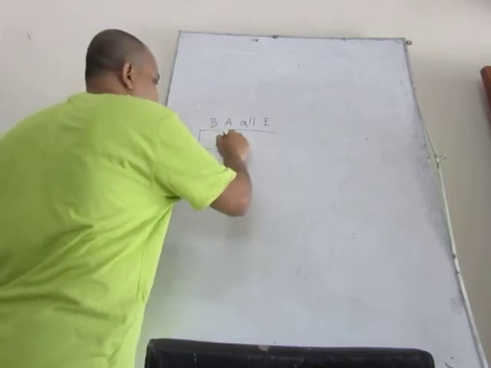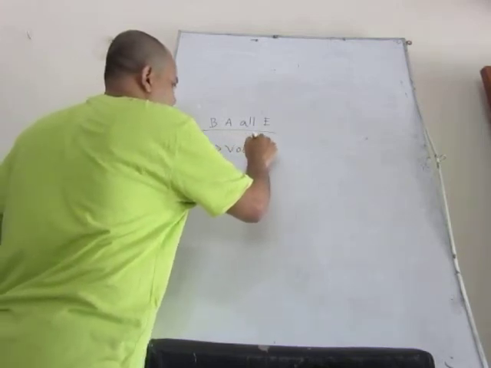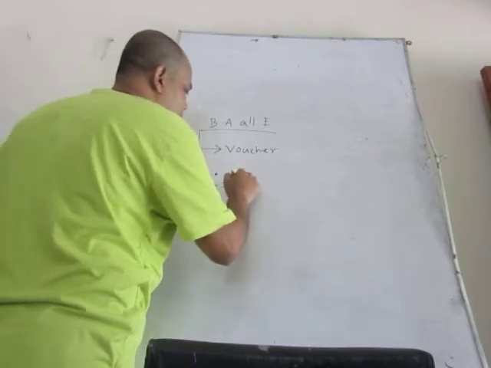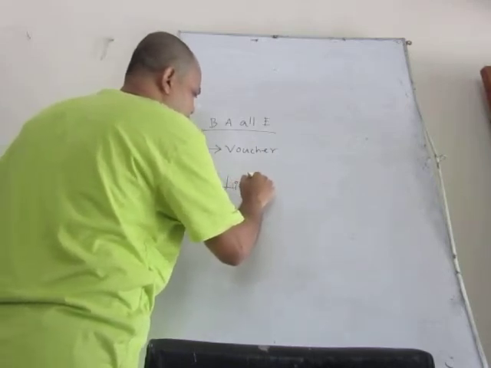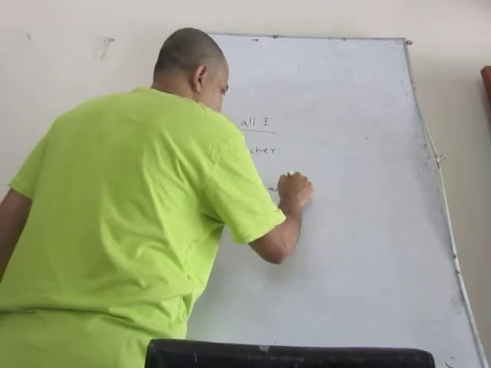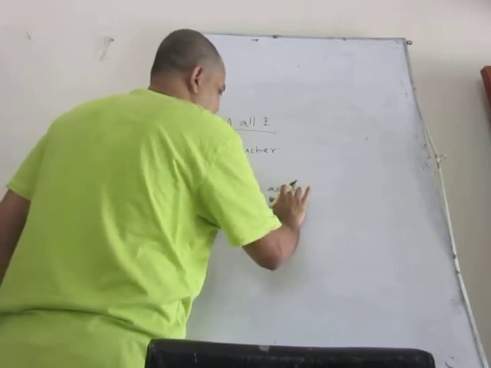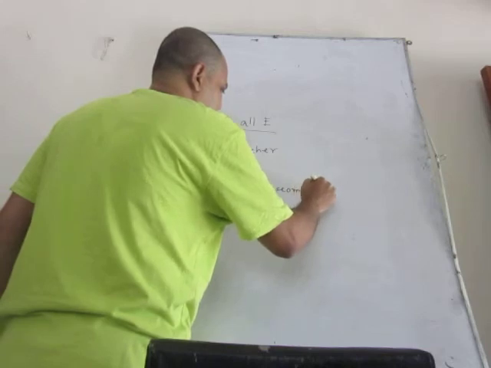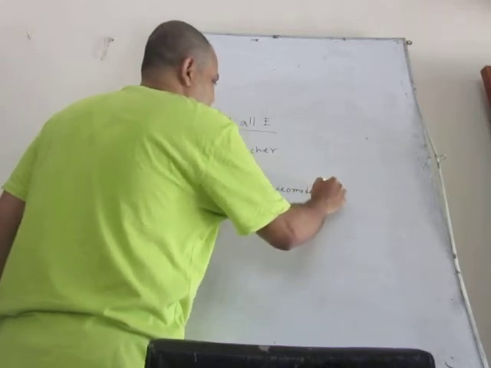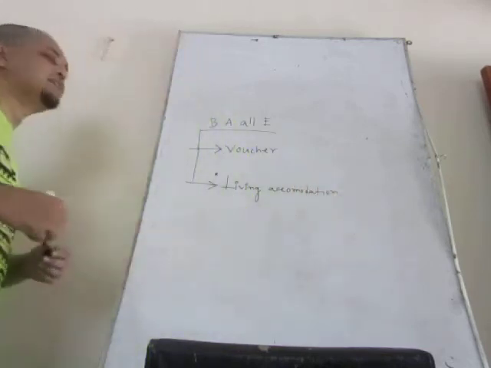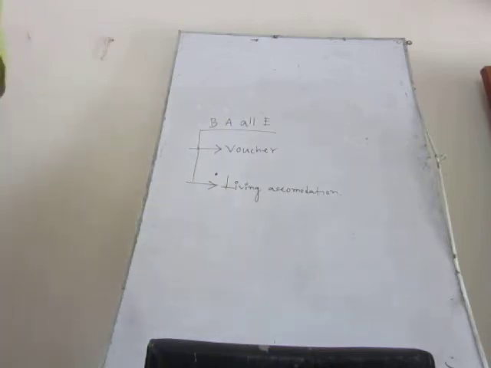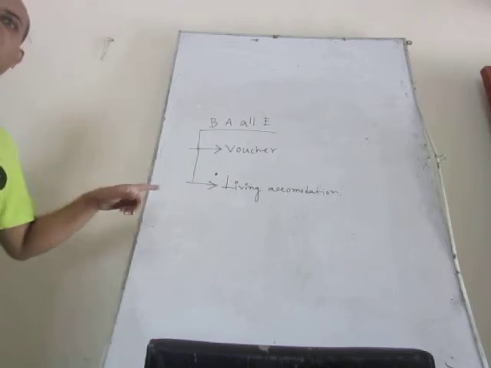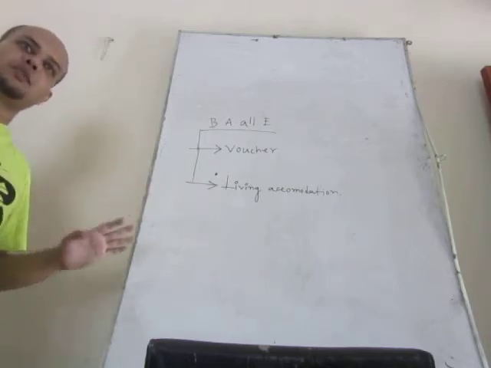One is voucher, and another is living accommodation. These are the two different kinds of benefit which are to be charged as a kind of benefit for all kinds of employees.